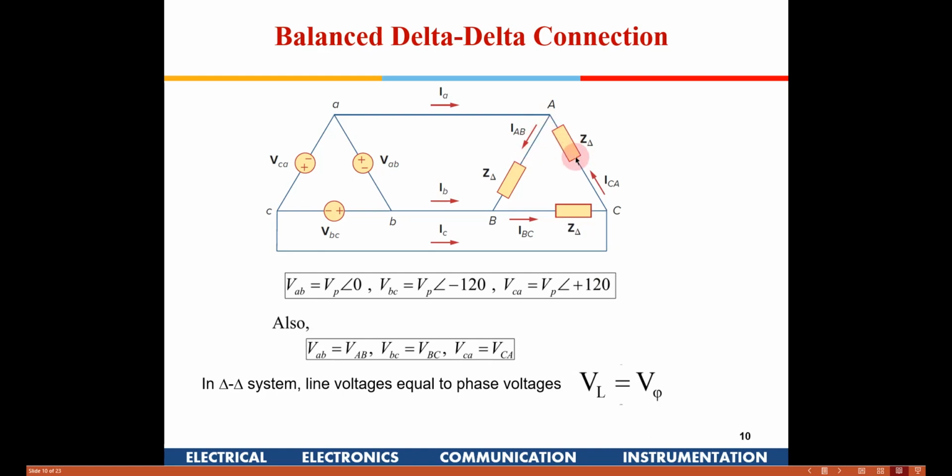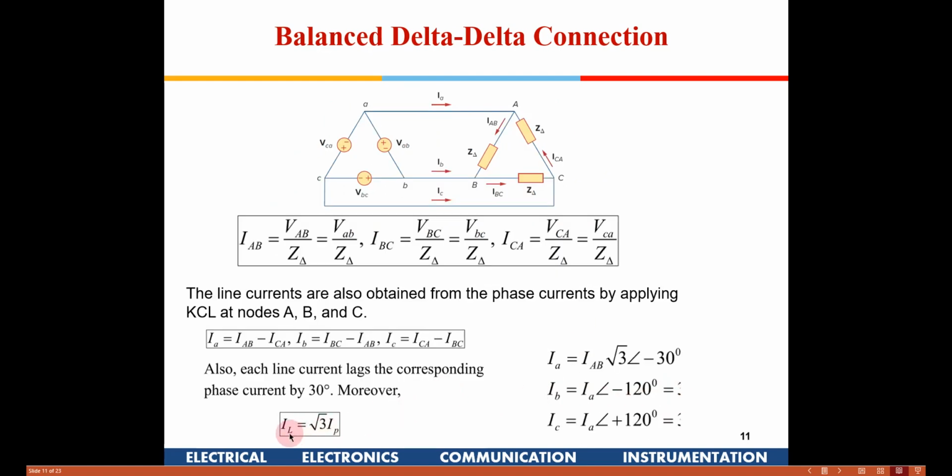It is the same kind of derivation which we did for the last one. So for a delta connection, the line voltage is equal to the phase voltage, and the line current is √3 times the phase current. That is the difference in a delta connection.